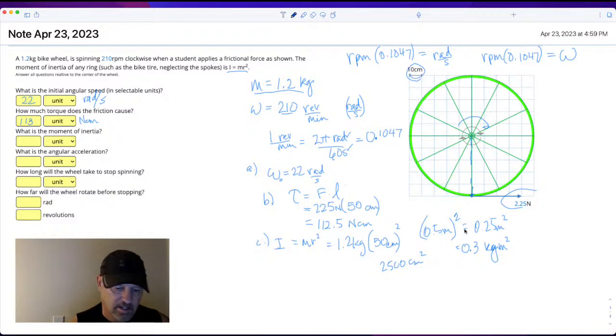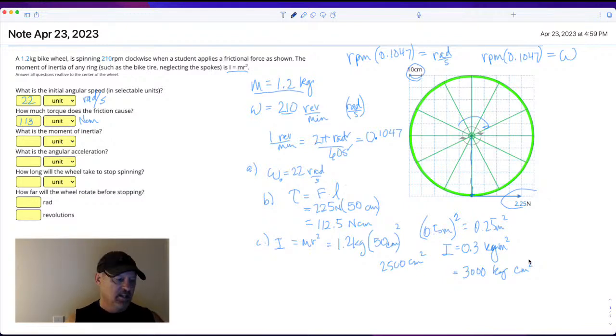So I equals either 0.3, or 1.2 times 2,500, which is equal to 3,000 kilogram centimeters squared.